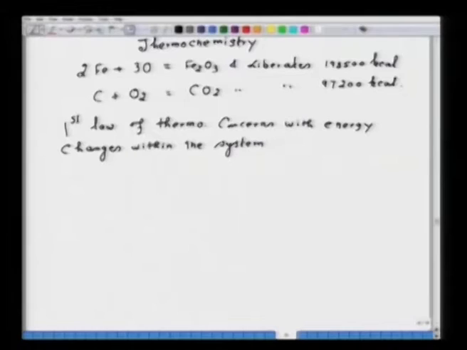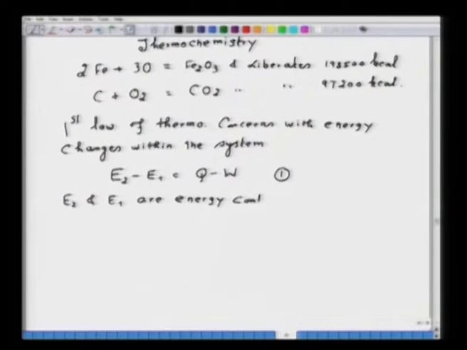So, the first law of thermodynamics states that change in internal energy, that is E2 minus E1, is equal to Q minus W, where E2 and E1 are energy contents, that is internal energy of the system, in state 1 and state 2.